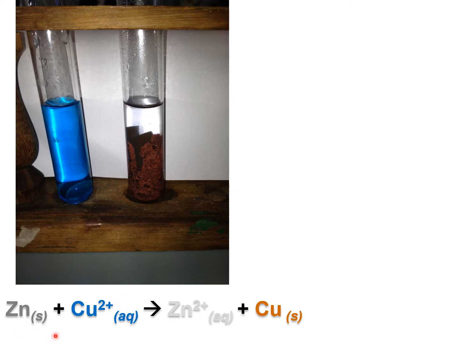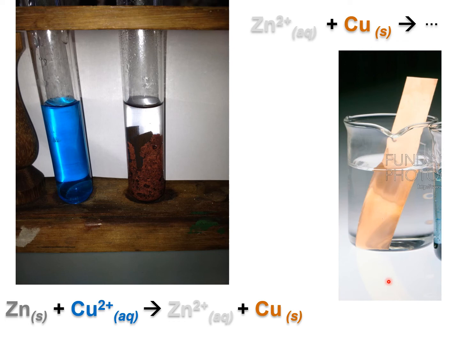So the reaction that's happening is summarized at the bottom part of the slide, where I also try to give you a sense of the colors of what you see, right? So the thing is, this reaction tends to happen one way only. If I try the opposite, I put a bar of copper in a solution of zinc, nothing happens.